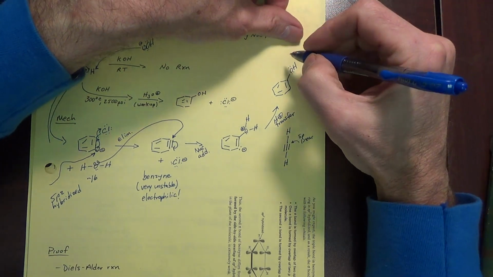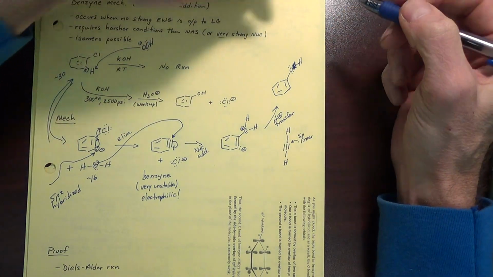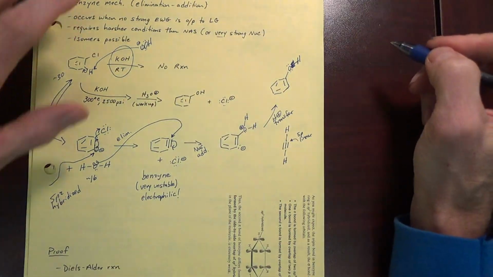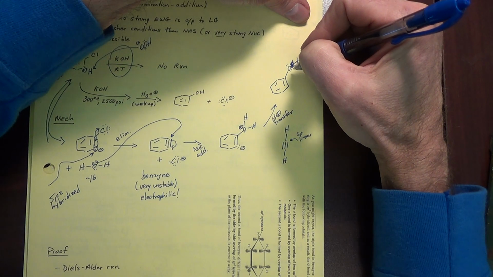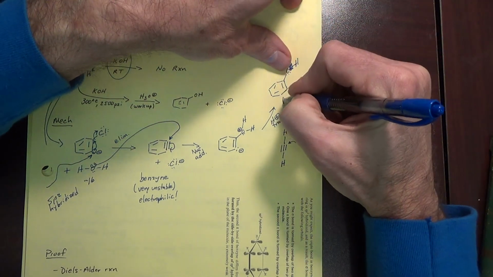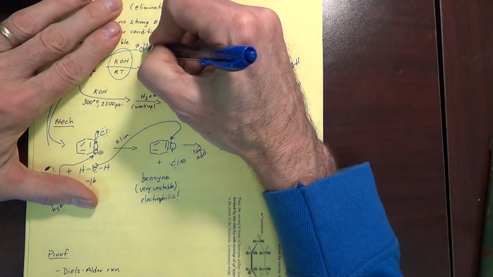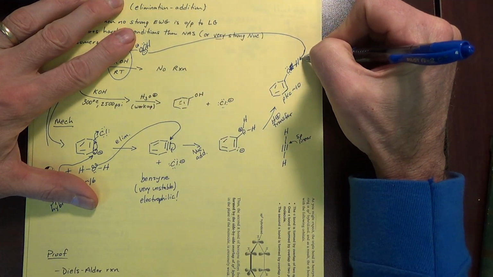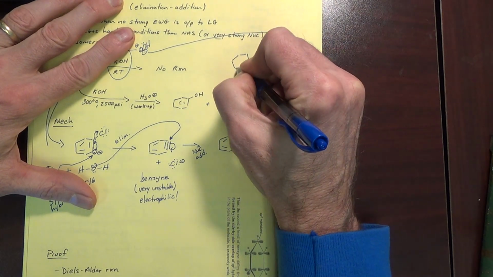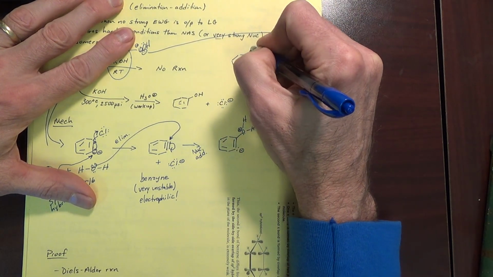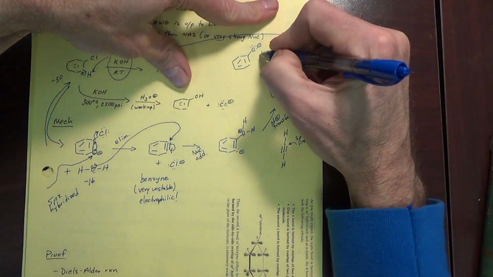But, hold on. Let me draw this bond out here, because we're under basic conditions. We just made an acidic product under basic conditions. Now it has a pKa of about 10, phenol. The base will then deprotonate this to give the phenoxide plus water.